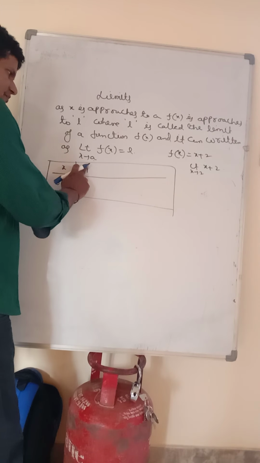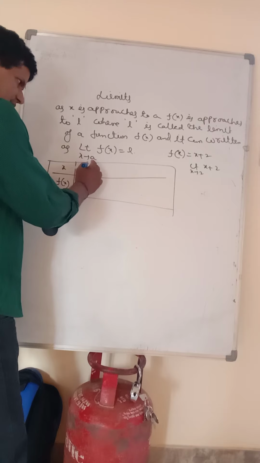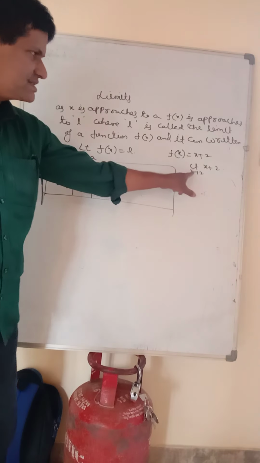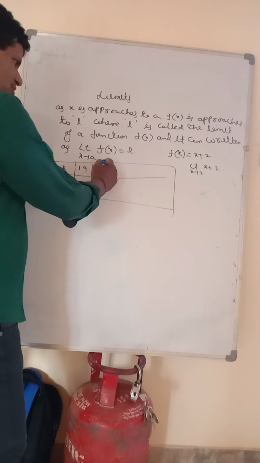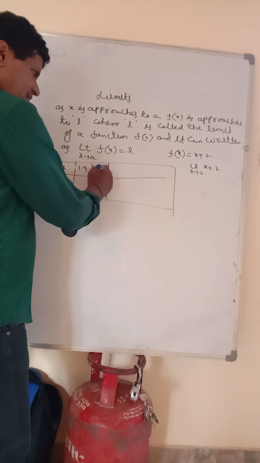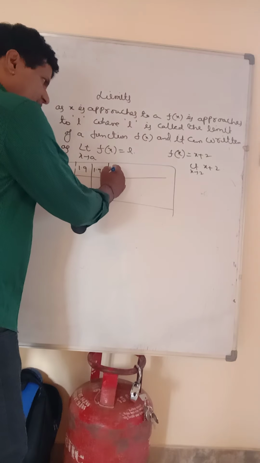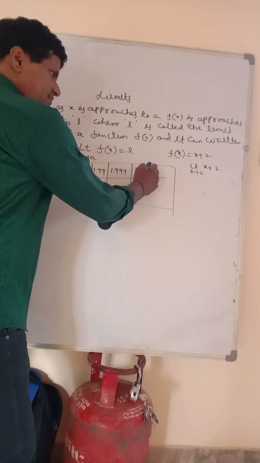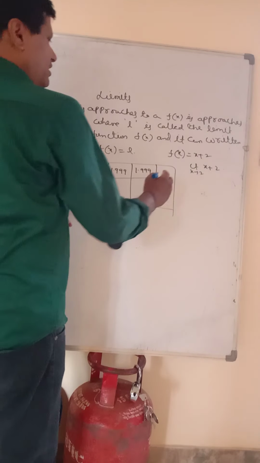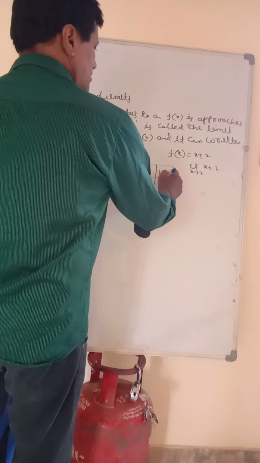Here we take 1.9, because x approaches 2 means 1.9, 1.99 before the value 2, 1.999, like that it goes on.